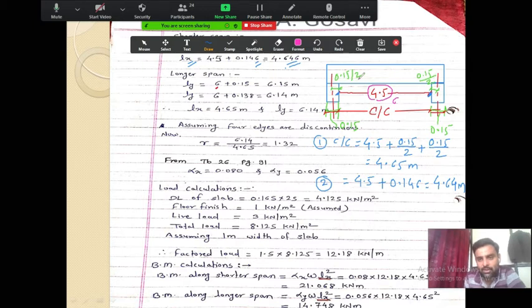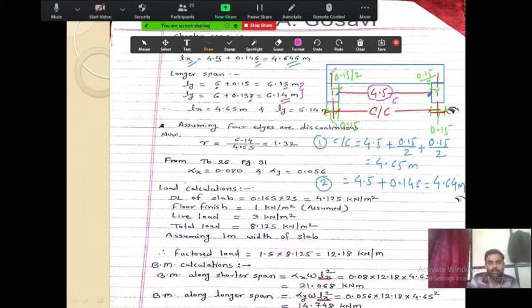So 6 plus 0.15 by 2, 0.15 by 2, that is 0.15, it is 6.15. The second thing is clear span plus effective depth. Effective depth in the y direction is 0.138. So Ly is 6 plus this effective depth, you will get the value as 6.14. So the lesser of these two you should take.